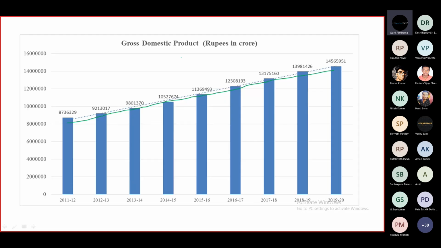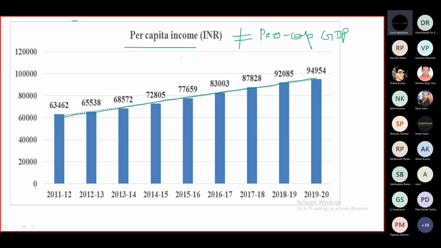So looking at these two graphs, you see the rise in gross domestic product is more pronounced than that of your per capita income.